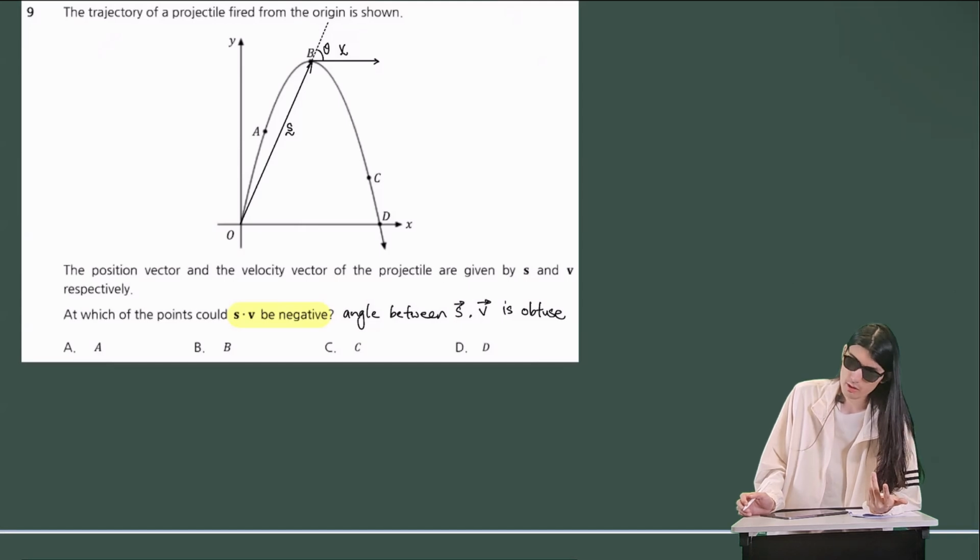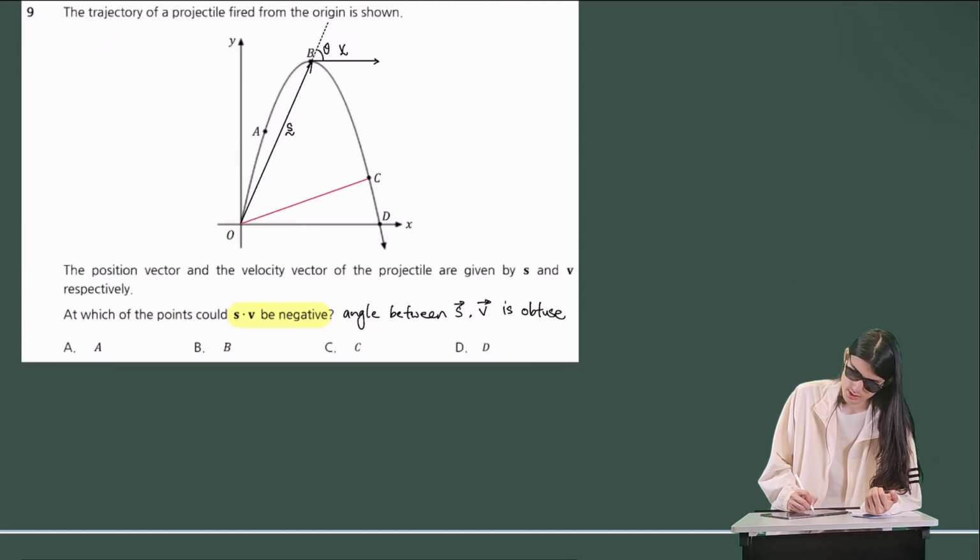At what point can the angle between the displacement vector S and the velocity vector V be obtuse? And that's at point C, because at point C, this would be your displacement vector, and then tangential to the trajectory, this would be your velocity vector.